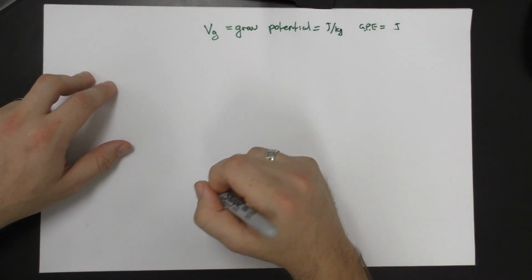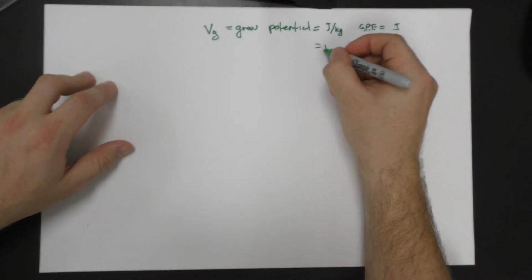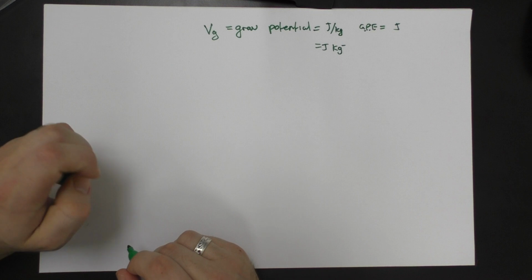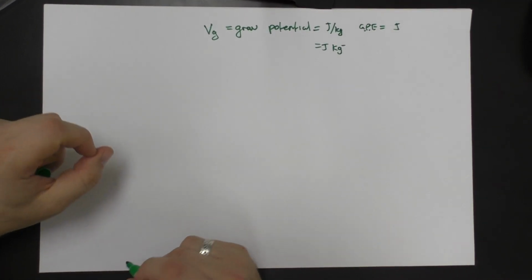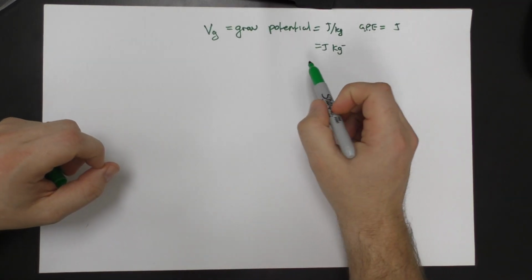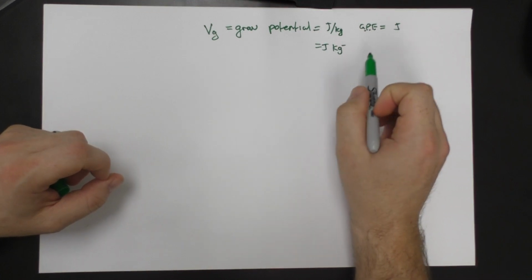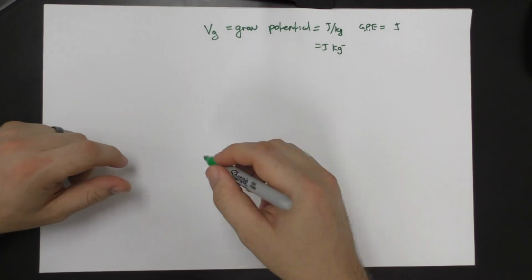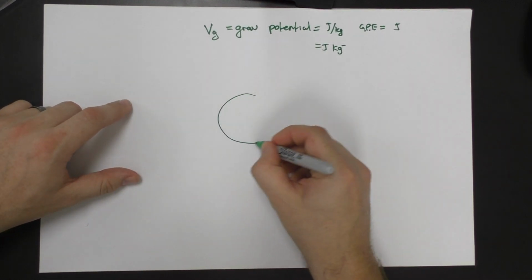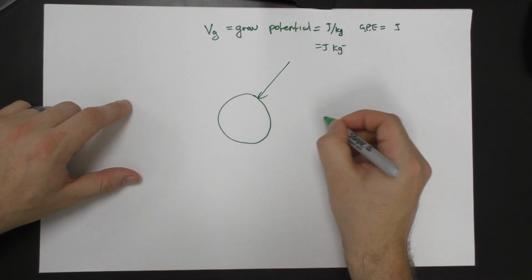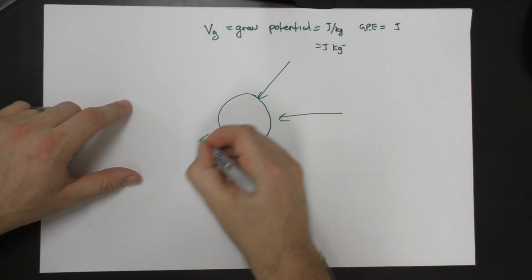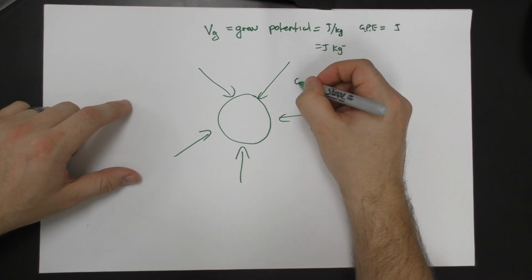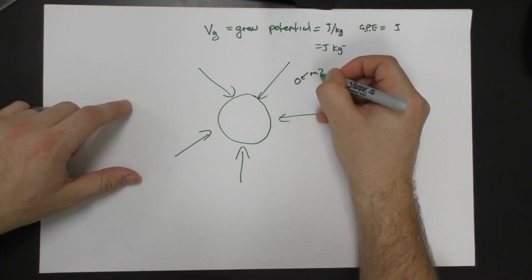Now that is a very interesting unit, because that's telling you that if I have a gravitational potential, instead of telling me what it actually has, it's telling me what I would have per kilogram in that field. So I'll explain what I mean. So I go back to this idea about a radial field. Say I've got a mass here, but I actually don't know what that mass is.